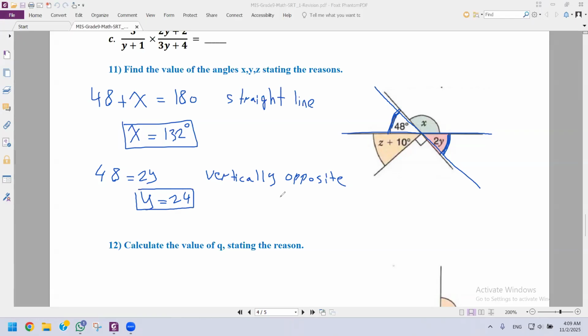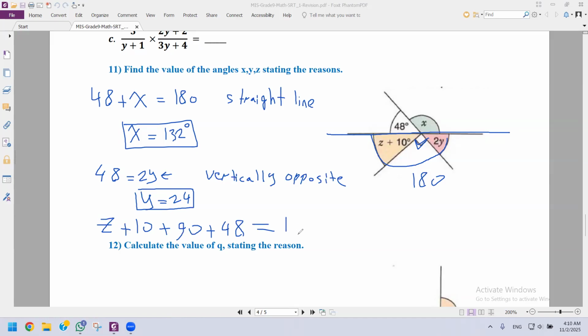Now let's find z. Let's take that straight line, the one that's down, okay? We know that their sum should be 180. Let me write it down. Z plus 10 plus, what's that here? This is 90 plus, now 2y, what is it? Let's calculate it. Already we have it here actually. 2y is equal to what? 48.